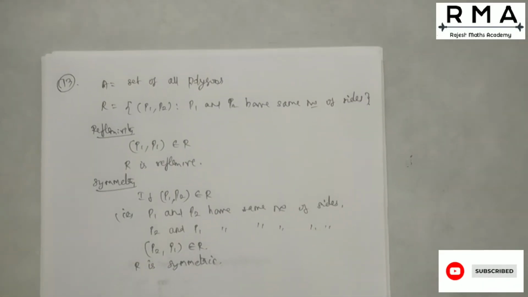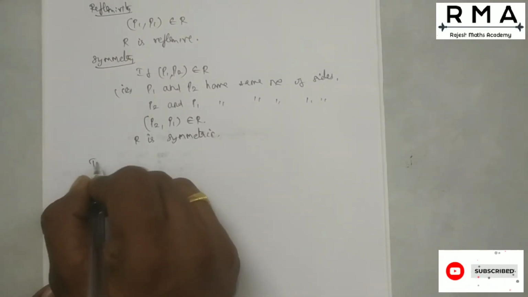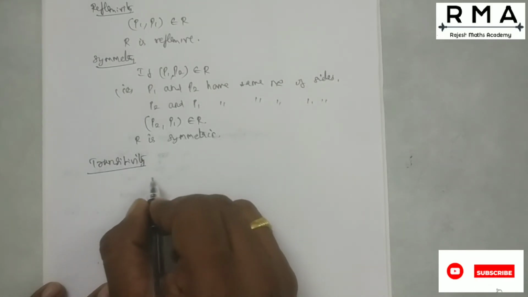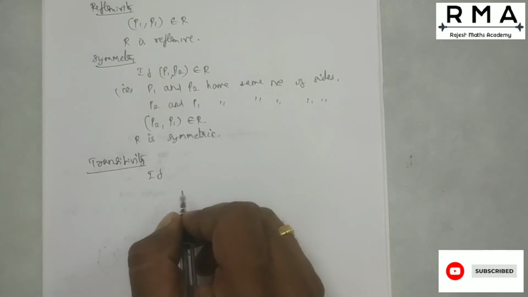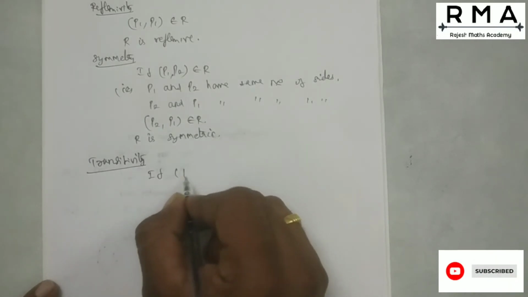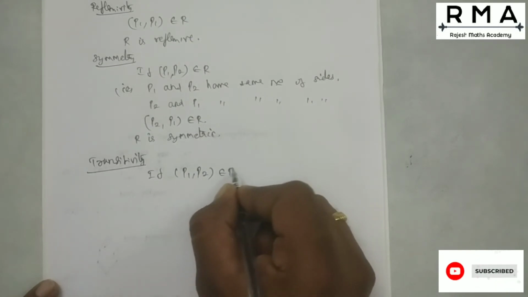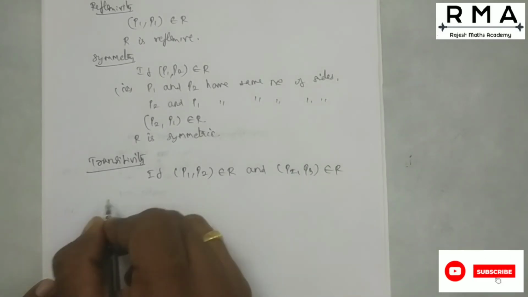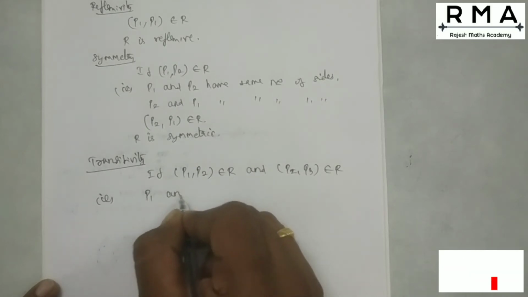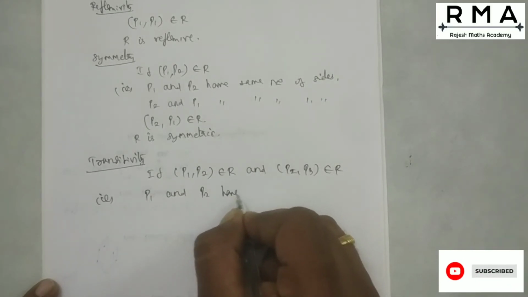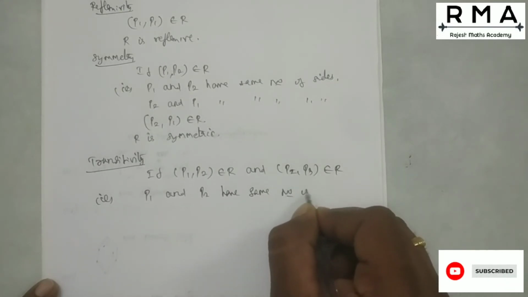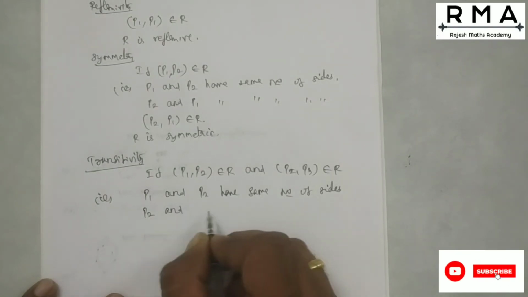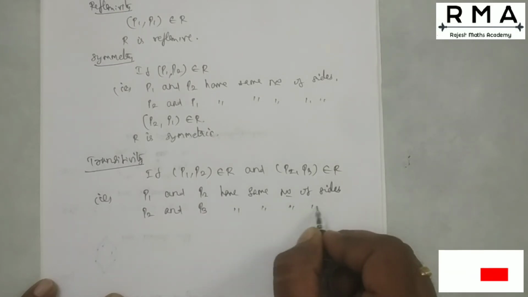Next, transitivity. What is transitivity? If (A, B) belongs to R and (B, C) belongs to R, that should imply (A, C) also belongs to R. See, if (P1, P2) belongs to R and (P2, P3) belongs to R, which means P1 and P2 have the same number of sides, and similarly P2 and P3 have the same number of sides.